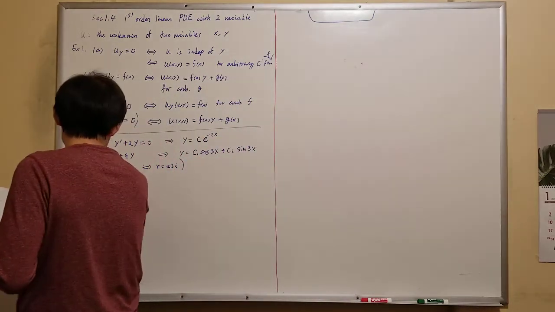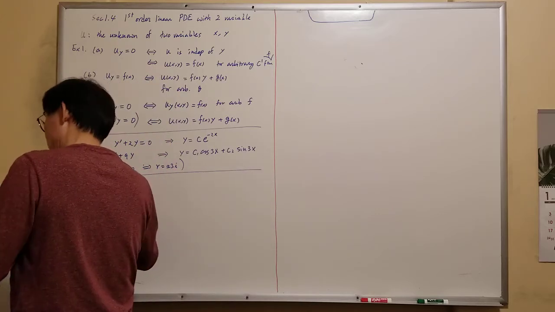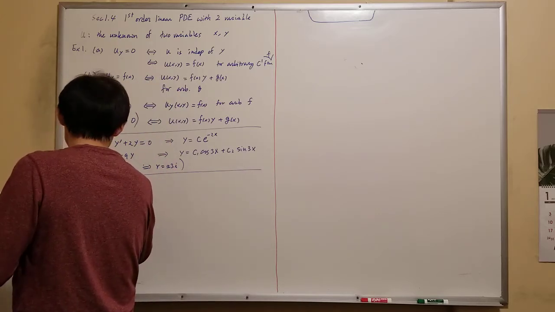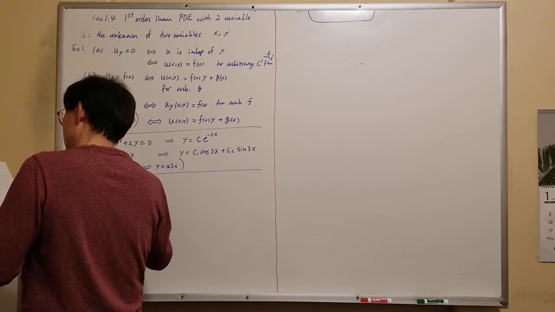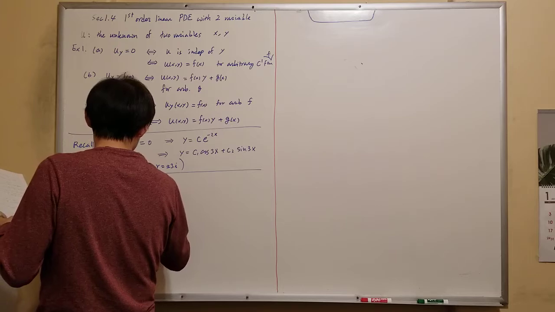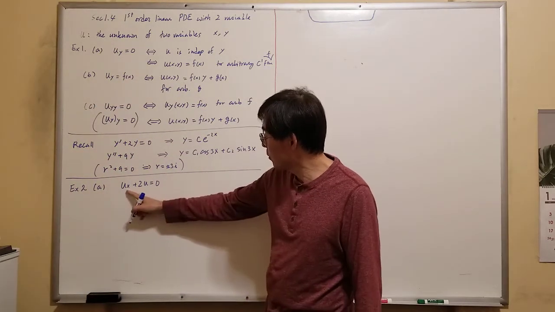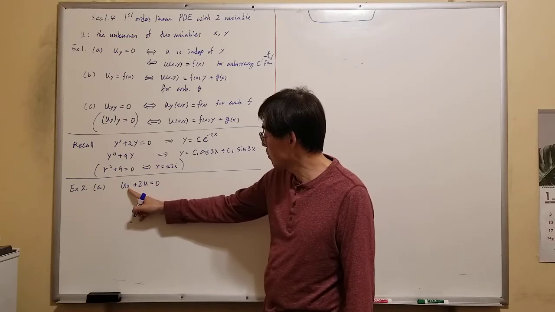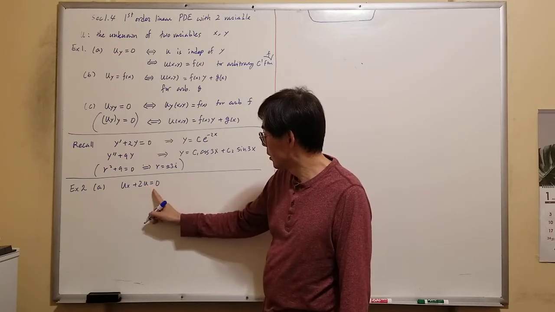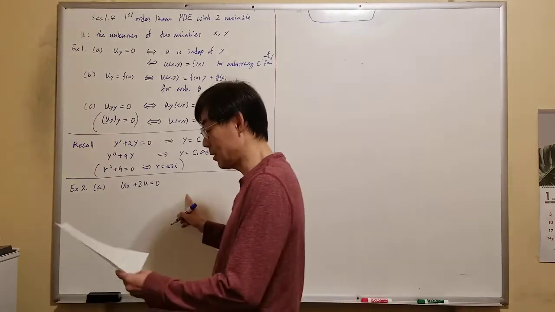All right. So because of this, example 2, A. u sub x plus 2u equals 0. So u is supposed to be a function of x and y, but with x partial, we consider y just like a constant. A function of y is a constant.